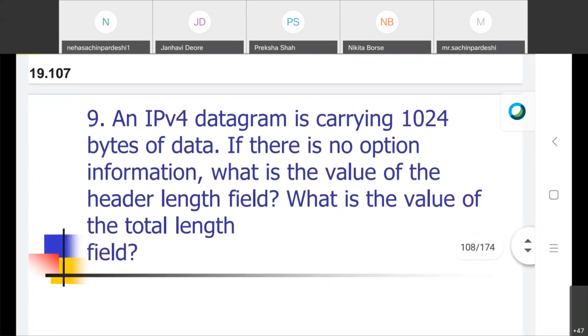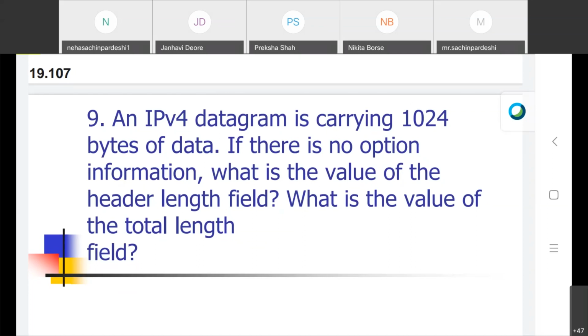Next problem. An IPv4 datagram is carrying 1024 bytes of data. If there is no option information, what is the value of the header length field? What is the value of the total length field?